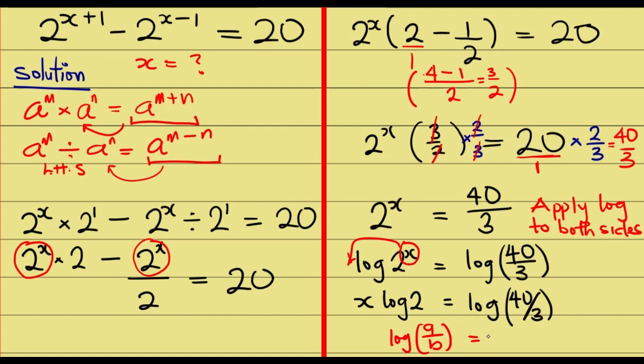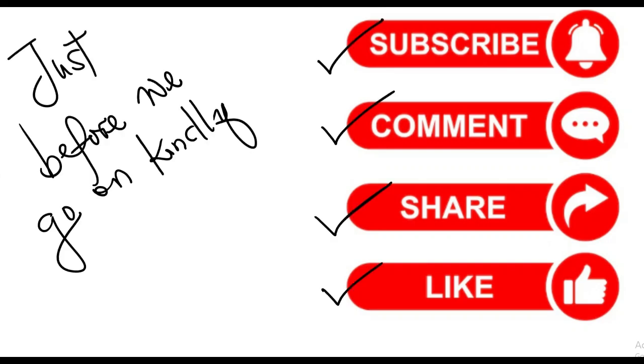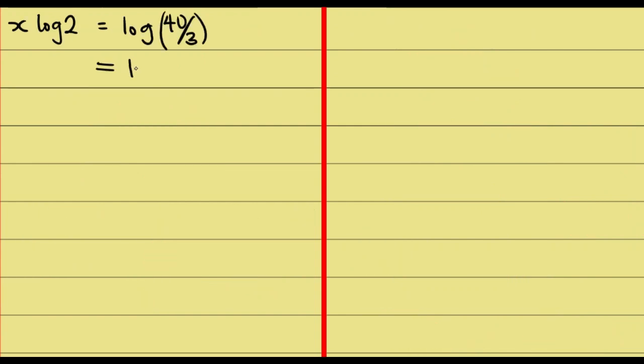Of course, this turns out to be log of a minus log of b. Applying this rule to what we have here, our problem becomes log of 40, then minus log of 3.